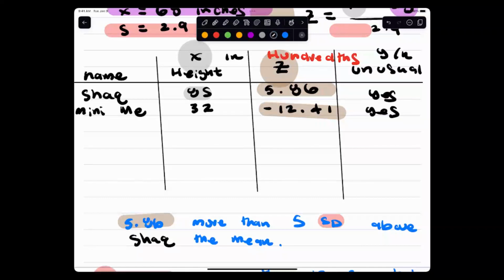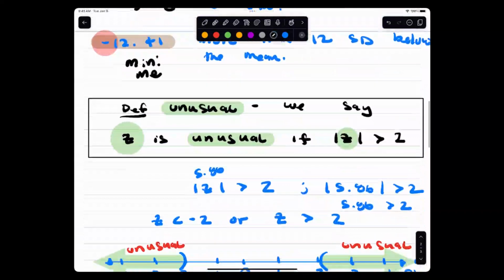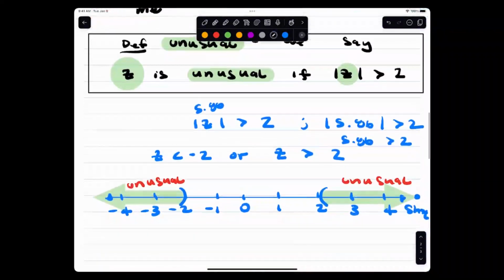Small. Because what's the definition of a z-score to be unusual? The absolute value of it is bigger than 2. There it is. There you go, ladies and gentlemen. That's what it means to be what? Unusual.